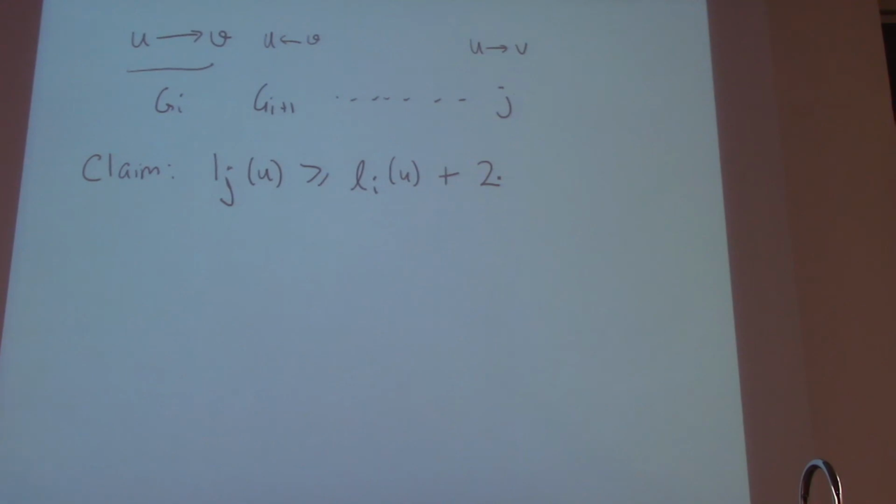As soon as it comes back, the level of U has increased by 2. Why is this important? What is the range of values a level can have? The level, remember, of a vertex is the shortest path distance from the source to that vertex. This is an unweighted graph. The distance can be 0, 1, 2, 3, 4, up to n, or V. There can only be as many vertices on the path as the number of vertices in the graph. And after that, it goes to infinity.